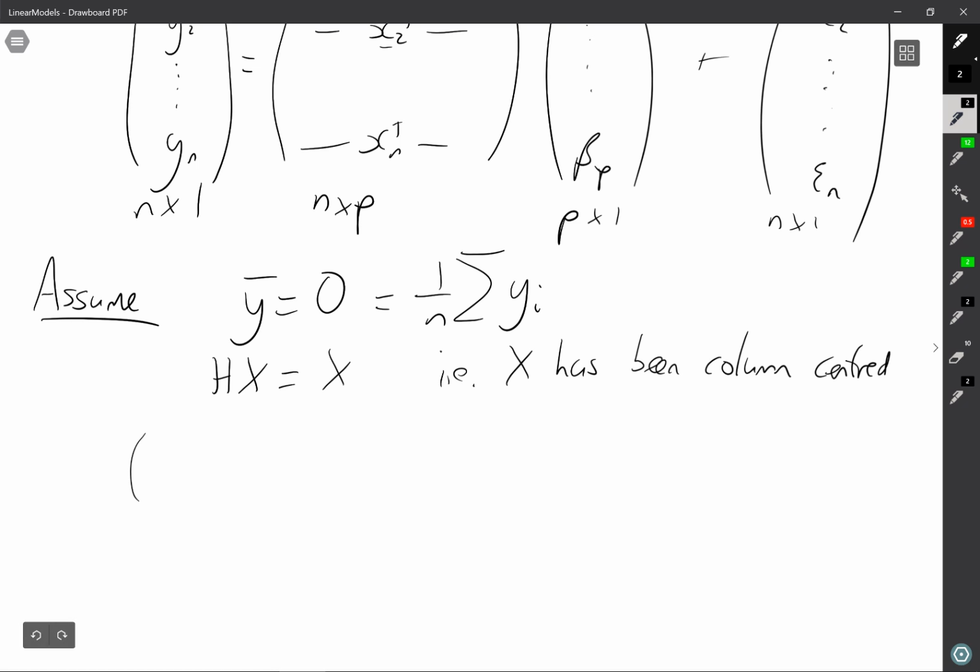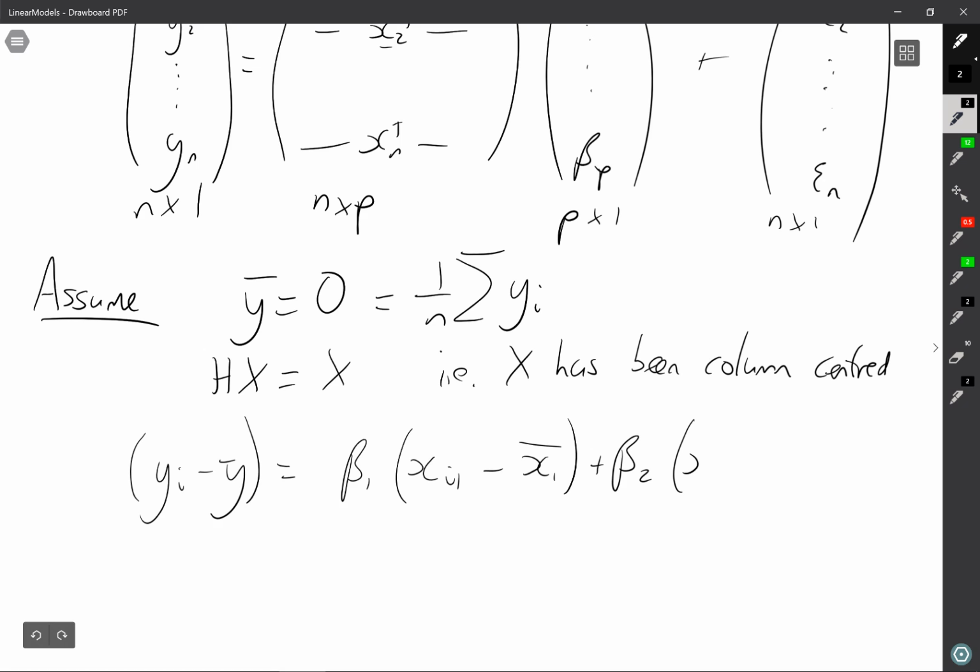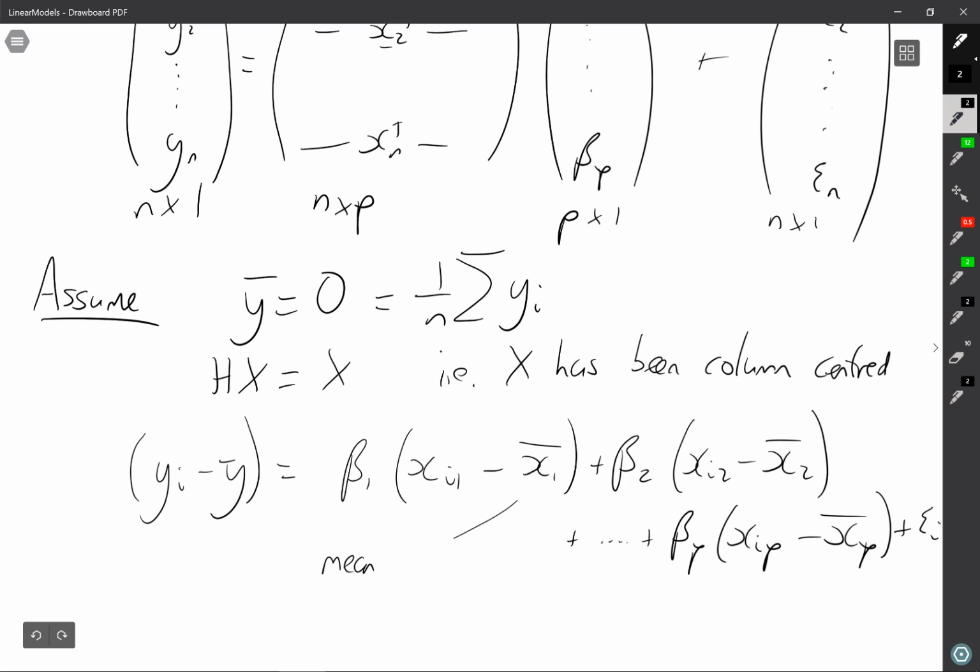We can think of this as a model for yi minus y bar is beta 1 times xi1 minus x bar 1 plus beta 2 times xi2 minus x bar 2 plus dot dot dot plus beta p times xip minus x bar p plus an error term epsilon i, where x bar 1 here is the mean of column 1 of x.